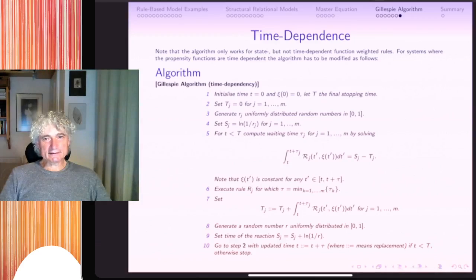You have seen that you can properly define a master equation once you have set up these rules, and the crucial step to make it a real stochastic process is to define these propensities.